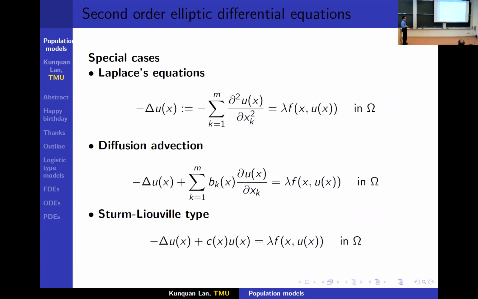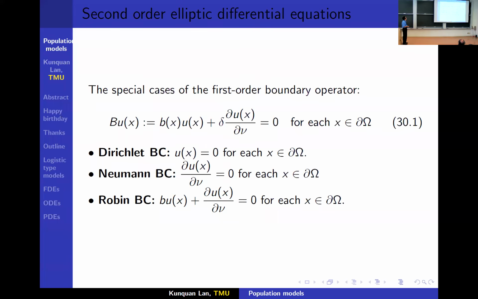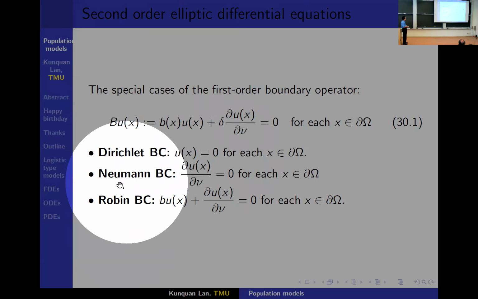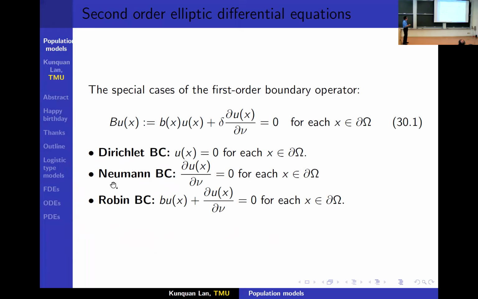So Laplace equation, diffusion motivation, and this case for the first case. So boundary condition contains at least, we know there are 3 cases, Dirichlet and Neumann, and usually people work on the Neumann boundary condition, a lot of papers.